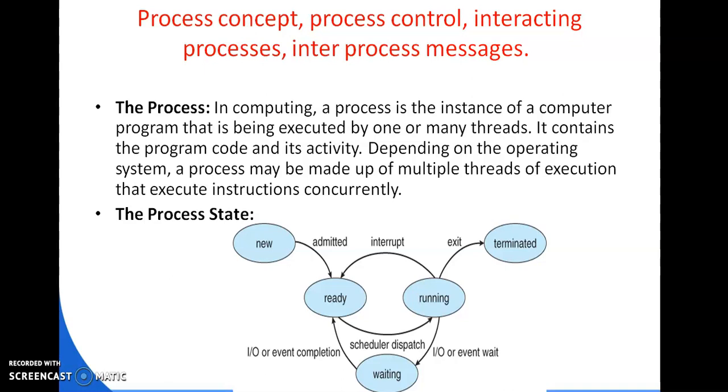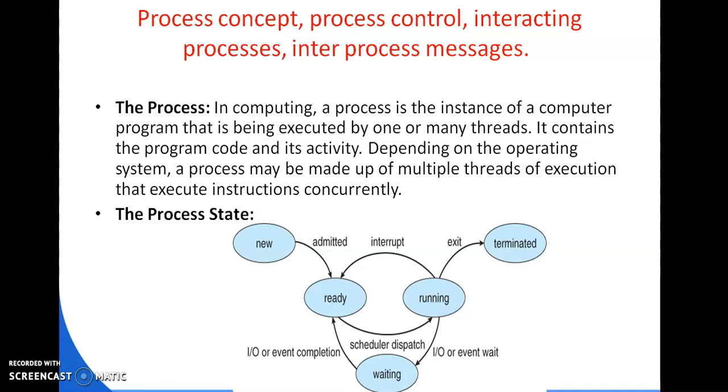Next is the termination area. Termination means when a process finishes its execution, it comes to the termination state. The termination state is where the process has finished its execution, and it will also be deleted, fully executed from that state.